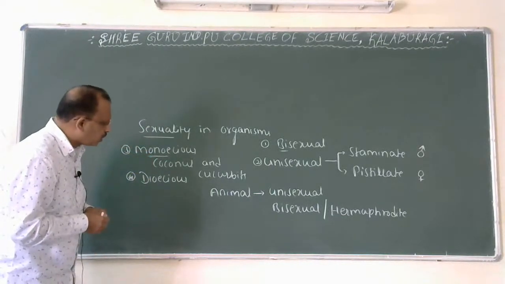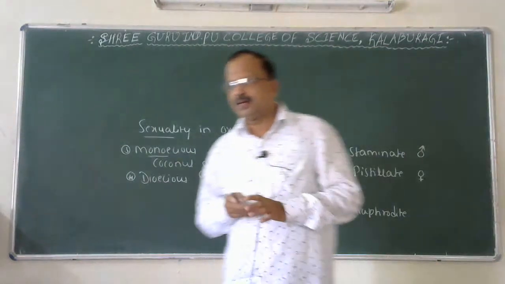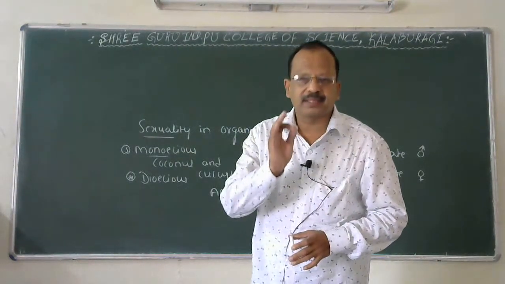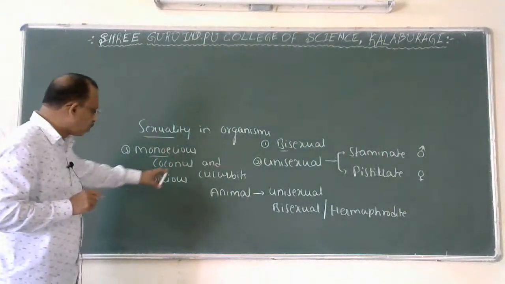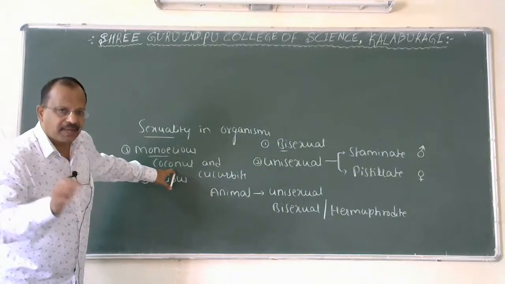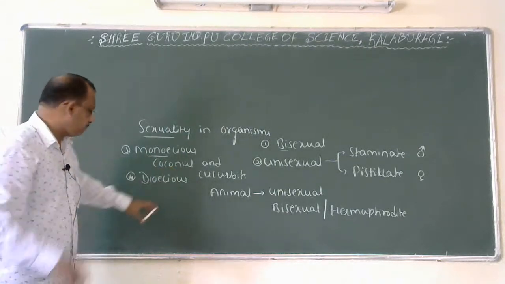Example is coconut and cucurbits. So please remember one line: coconut is commonly called Kalparuksha in Karnataka and Kerala.